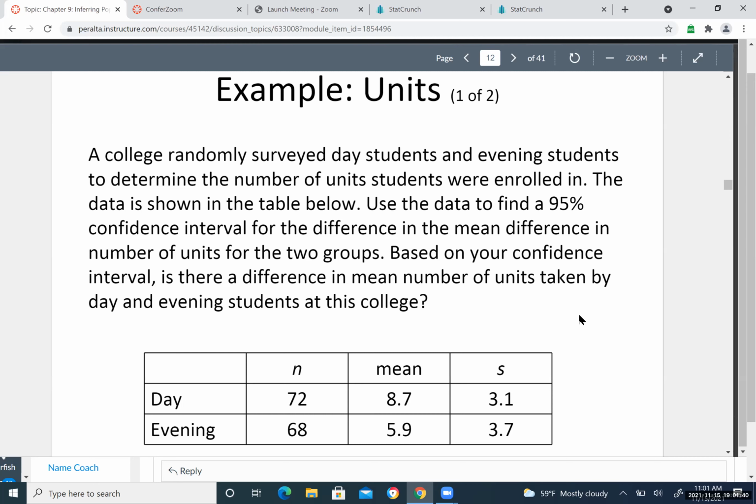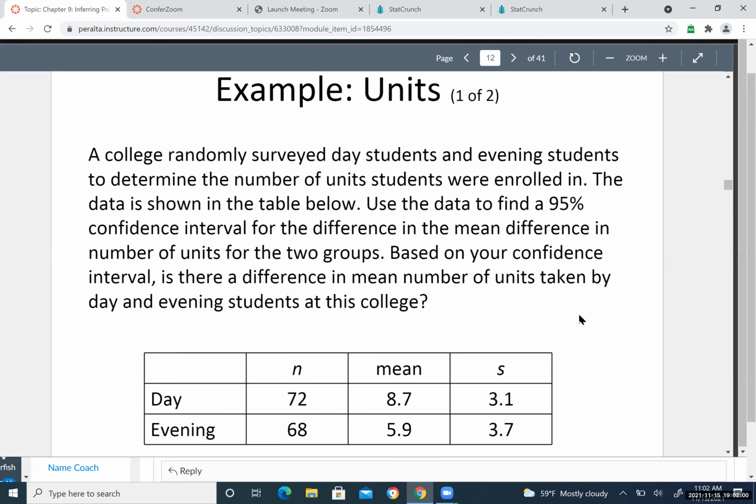The data is shown in a table below. They give it to us. Sometimes they don't give you the table, and you have to point out n1 and n2, x bar 1, x bar 2, s1, s2. You have to figure it out.